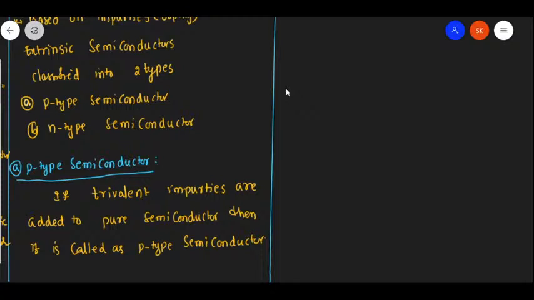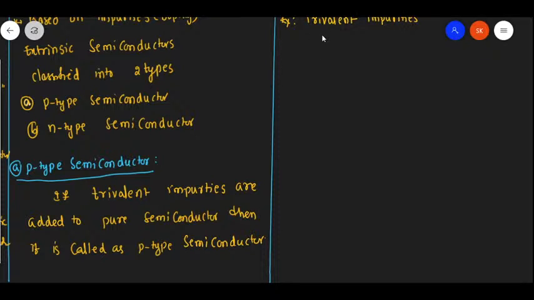Can you give examples of trivalent impurities? Trivalent means three valence electrons should be there.